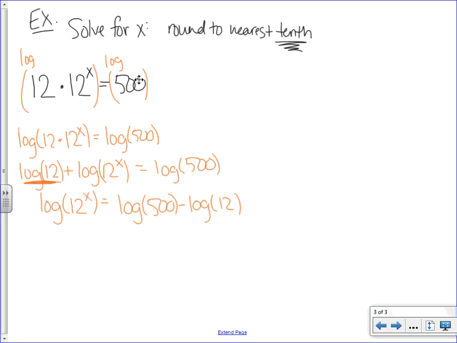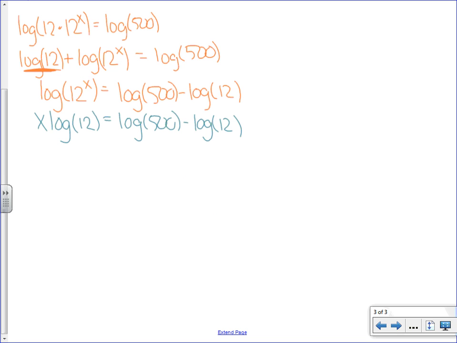Now, I can take that x, because it's in the exponent, and I'll pop it out in front. So this is x times the log of 12. And now I can divide everything by the log of 12. So I can get x by itself.